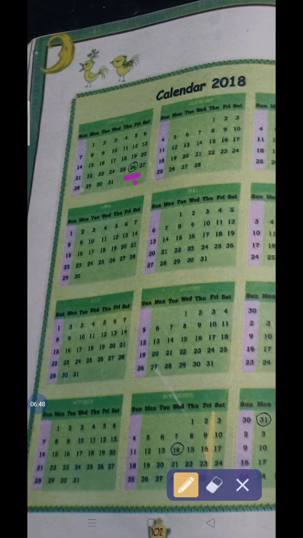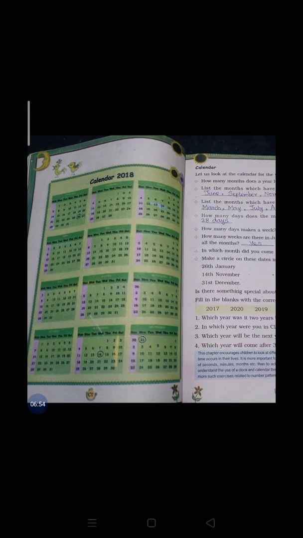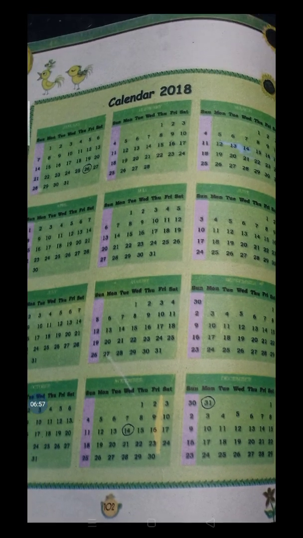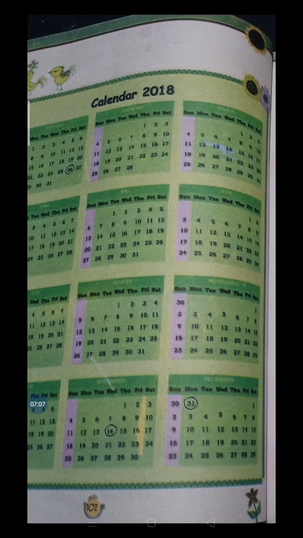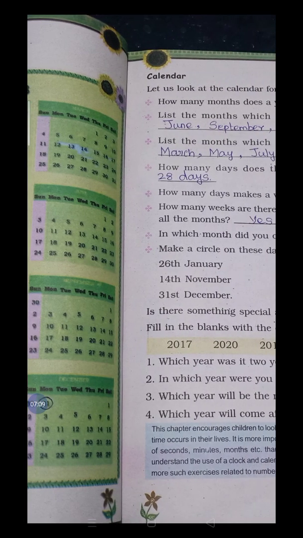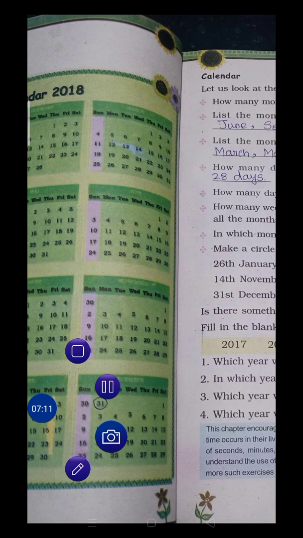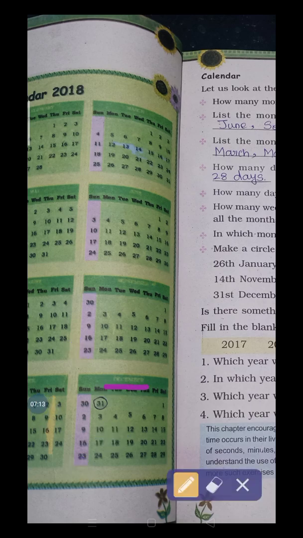Next one is 14th November. This is the month of November, 14th November. Here we have number 14. Next, last one, 31st December. Here is the month of December, and here we have the 31st.